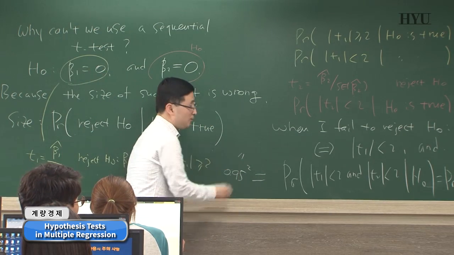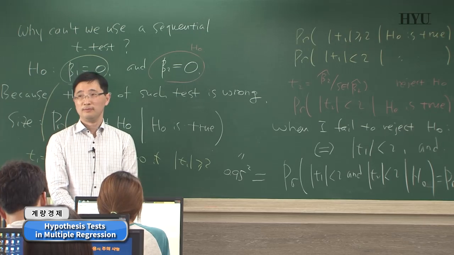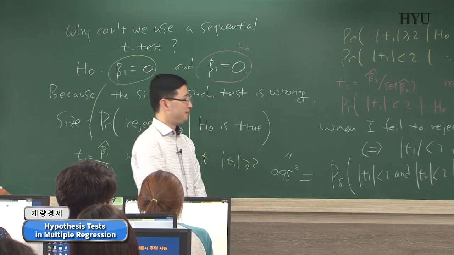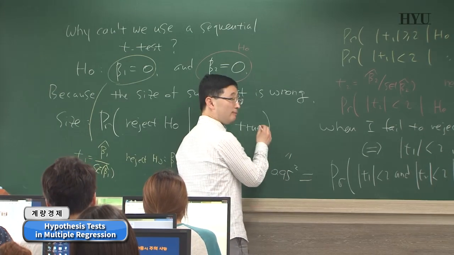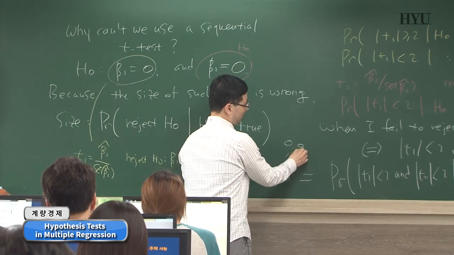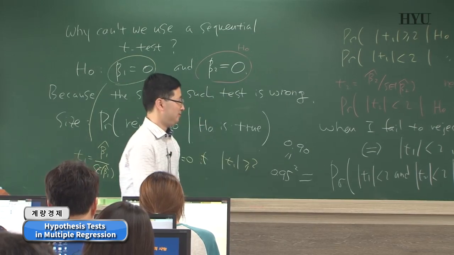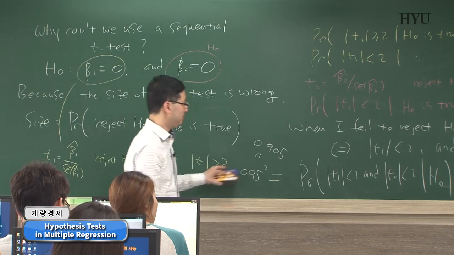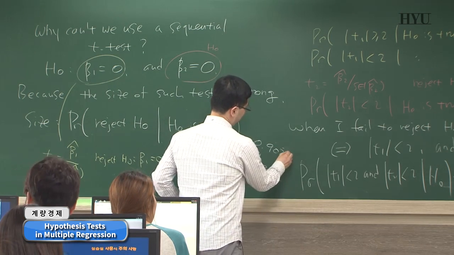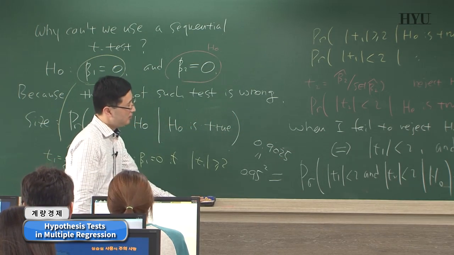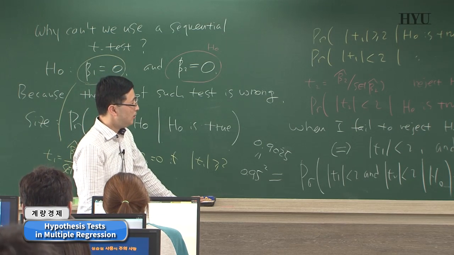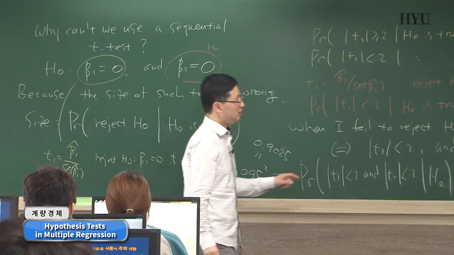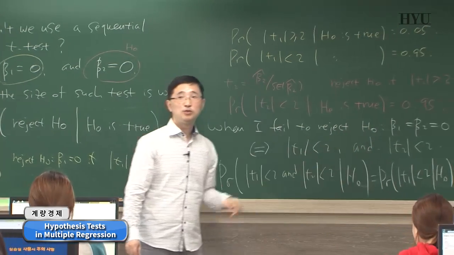So what is 0.95 times 0.95? It's about 0.9025. So this is the probability that we fail to reject this joint hypothesis, if it is true.